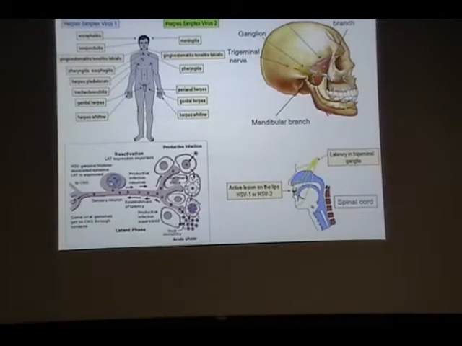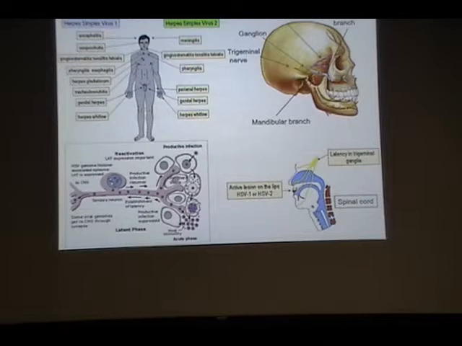This slide just tells you the ganglia are located in the brain. For example, the trigeminal nerves are located in this area, okay? And the spinal cord is here, right? So for herpes simplex 1, the virus travels to the trigeminal nerves where it establishes latency. For herpes simplex 2, it establishes latency in the ganglia in the spinal cord.